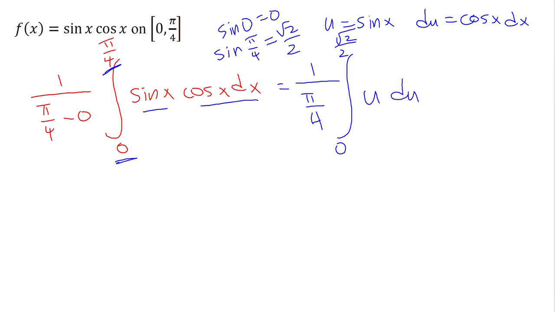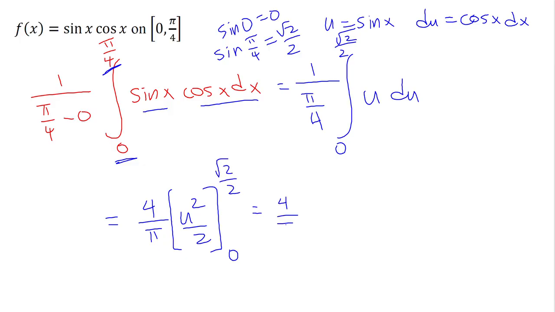So 1 over pi over 4 is just 4 over pi. So we now have 4 over pi times the integral of u, which is u squared over 2, evaluated from 0 to root 2 over 2, which we don't have to worry about switching back into terms of x because we converted our limits. So we now just have 4 over pi times root 2 over 2 squared over 2 minus 0.